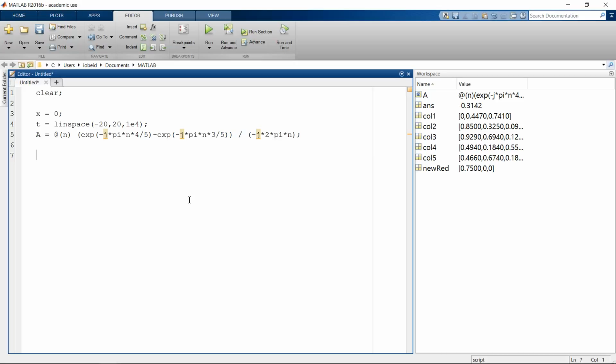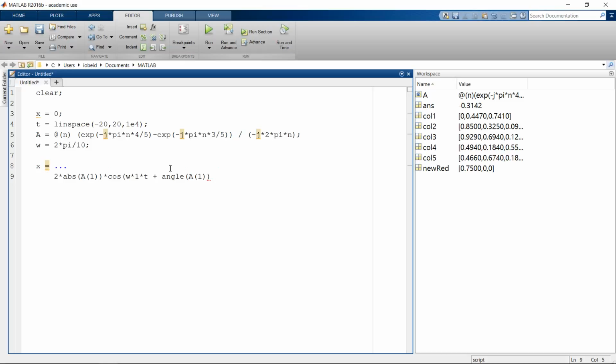So x equals, let's do the first cosine: 2 times the absolute value of a of 1 times cosine of omega times 1 times t plus angle of a of 1. And I need to define omega equals 2 times pi over 10. Okay, that's the first cosine.